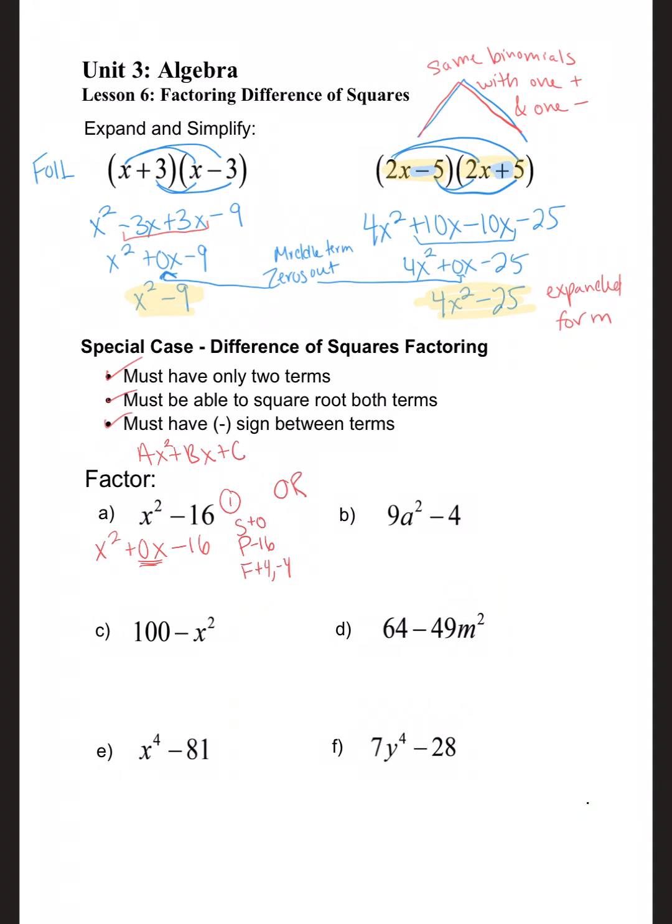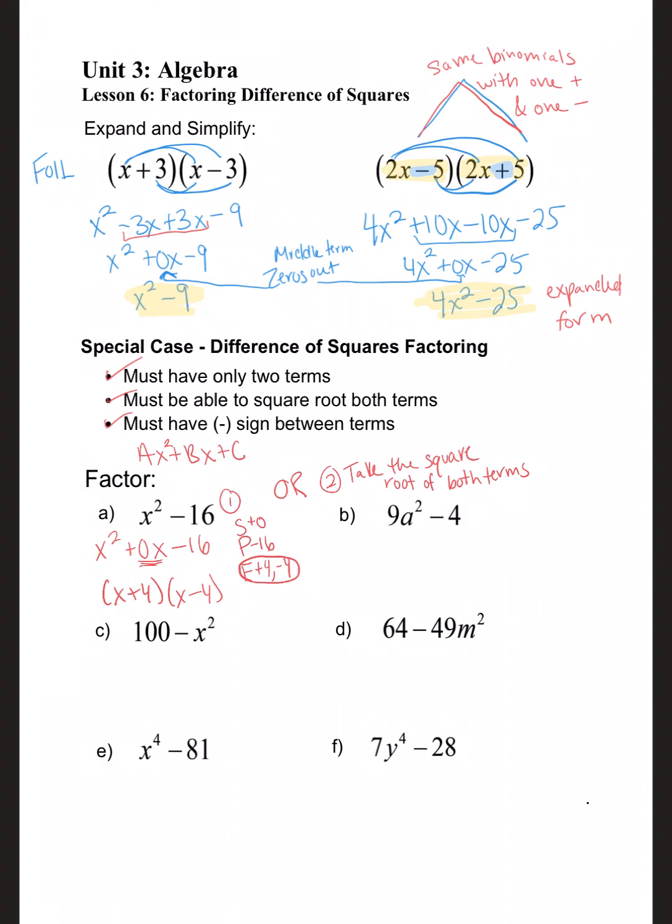Or we could simply take the square root of both terms. Okay, so we had x plus 4 and we have x minus 4 with the factors we found here.